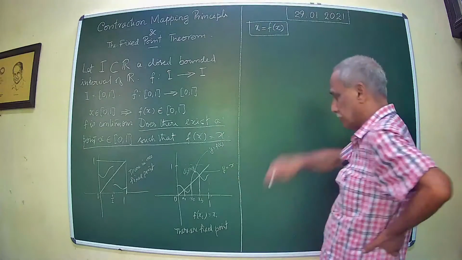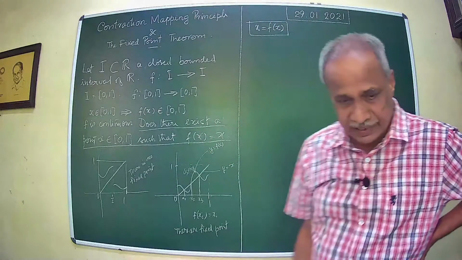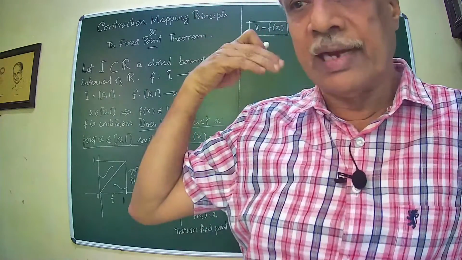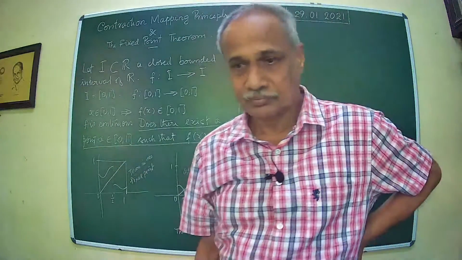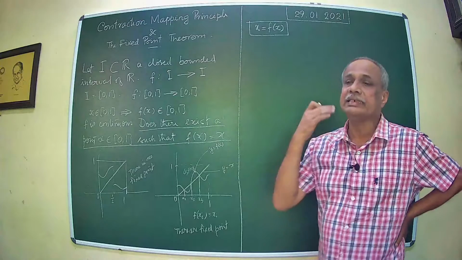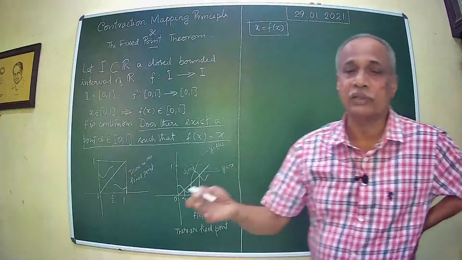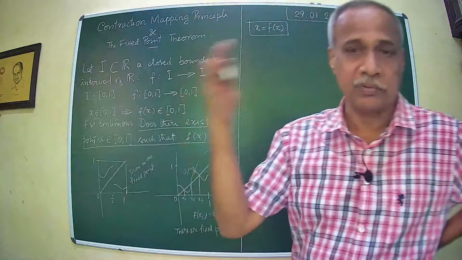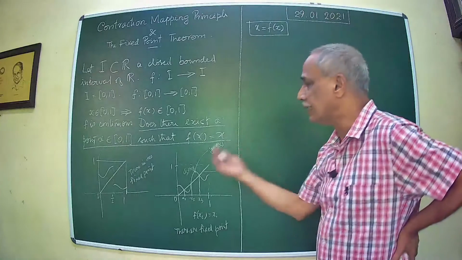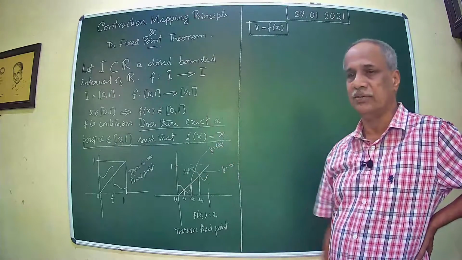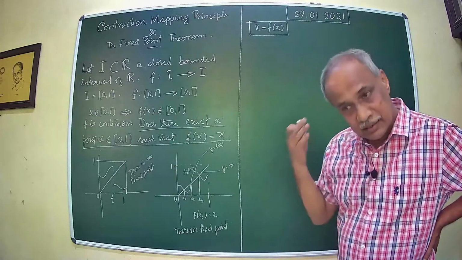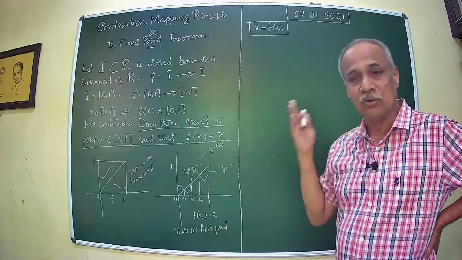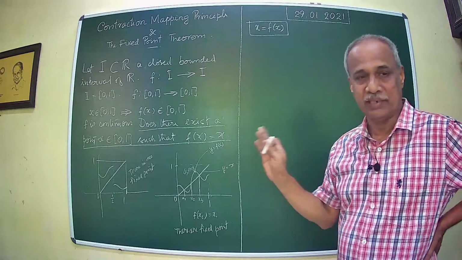Therefore, at the outset itself, if you are looking for a general result, what conditions on f will tell you that there exists a fixed point? You can certainly say that if the function is discontinuous, in general, there is no fixed point.